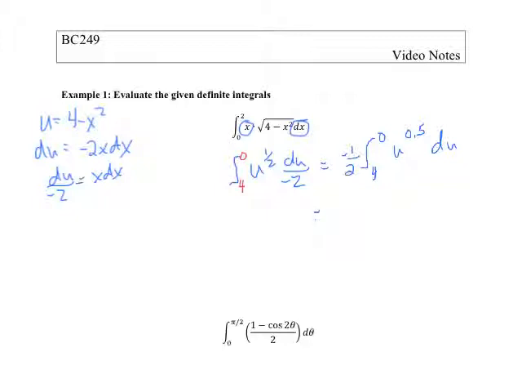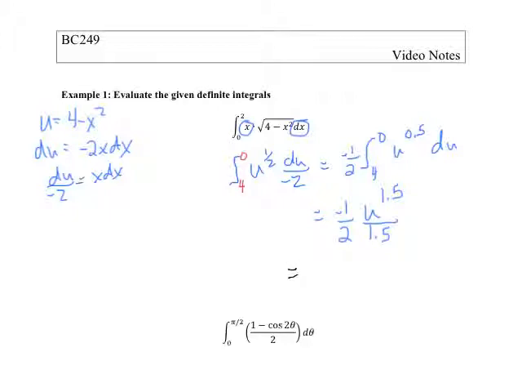And this is equal to negative 1/2 u to the 1.5 over 1.5. Because we've replaced our boundaries, we don't have to substitute back in. We can actually evaluate this function.